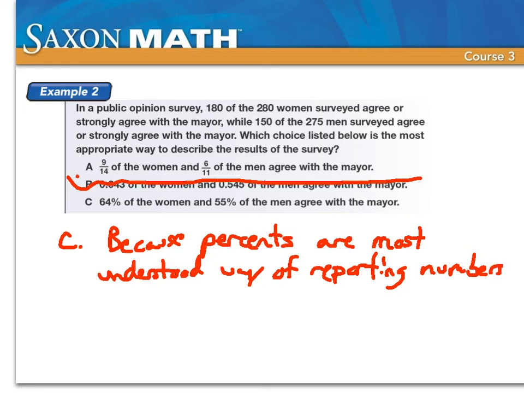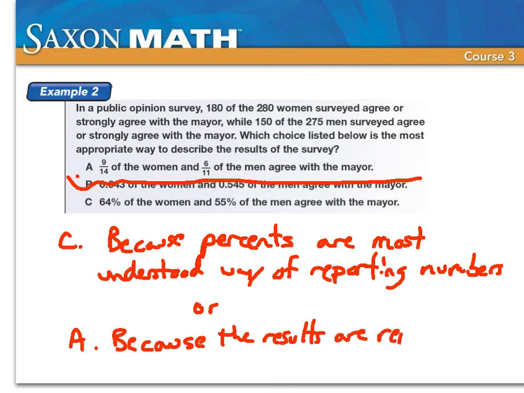And again, another okay answer would be you could also say choice A, because the results are reported exactly. Okay, and they give us an exact number.